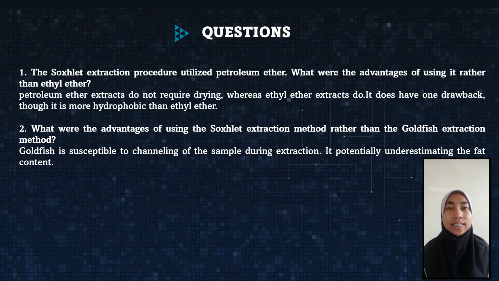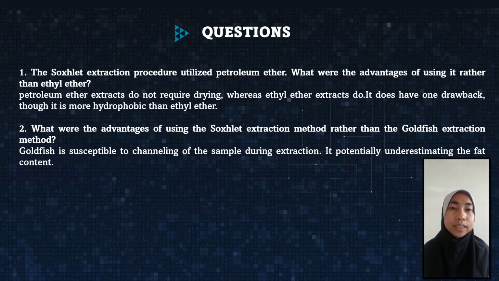The first question is, the Soxhlet extraction procedure utilized petroleum ether. What were the advantages of using it rather than ethyl ether? Petroleum ether is made up of pentane and hexane, which is the portion of petroleum with a low boiling point.